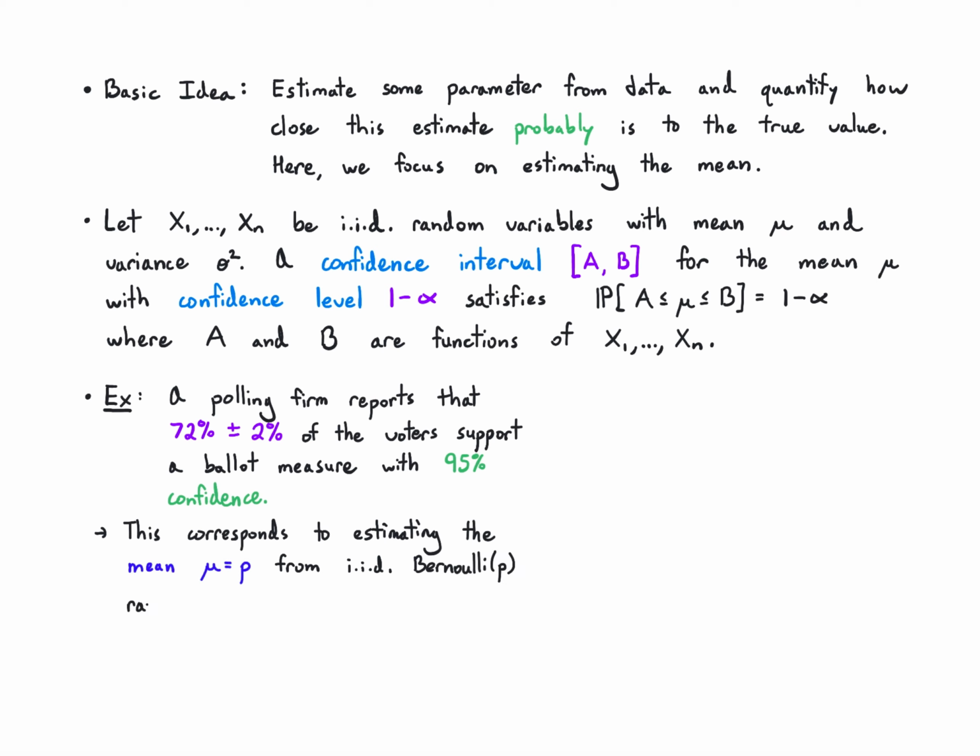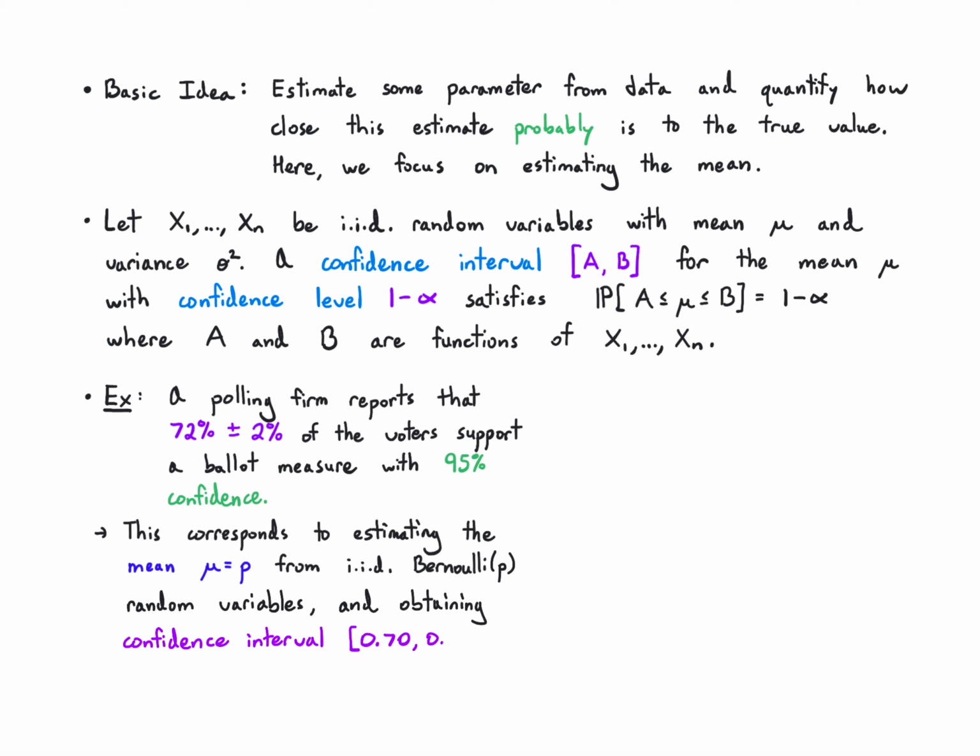Basically, if you support it, you say yes, and if you don't support it, you say no. So that's the Bernoulli part. And you've interviewed a lot of people from this population, so you have these n random variables, and now you have this confidence interval. What you've done is process this data in some way, and you've obtained a confidence interval that you believe contains the mean.